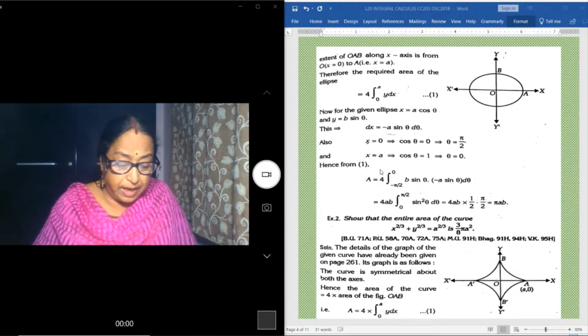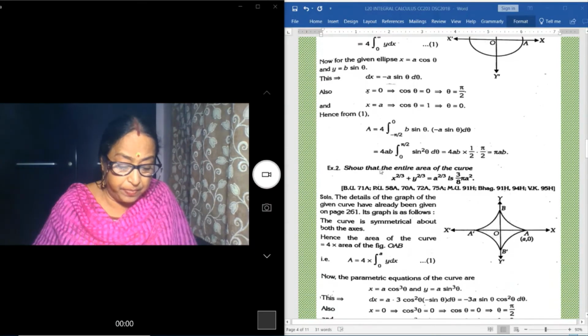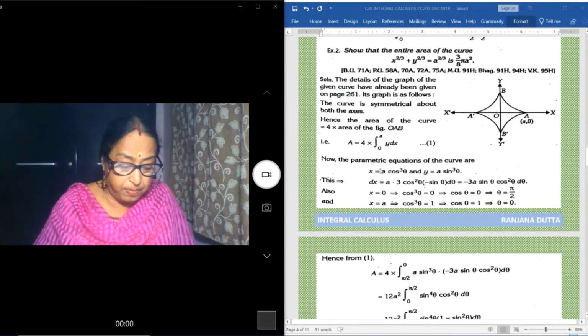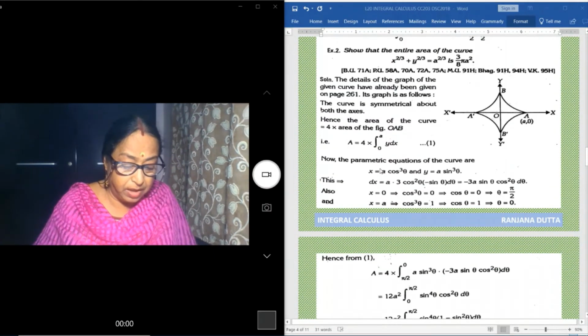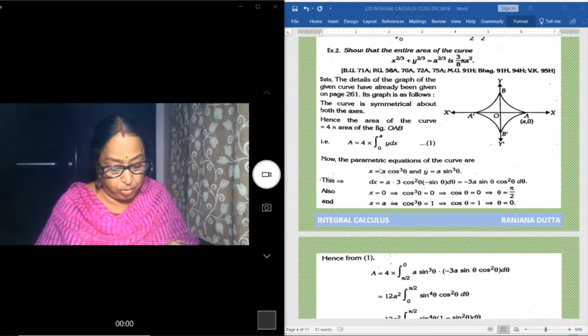Next, show that the entire area of the curve x to the power 2 by 3 plus y to the power 2 by 3 is equal to a to the power 2 by 3.